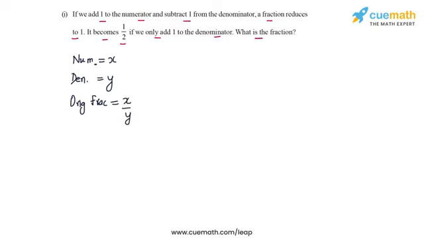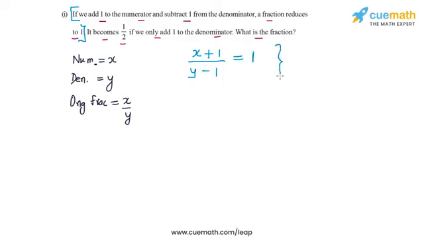Now let's set up a pair of linear equations using the information that's given to us. The first piece of information says if we add 1 to the numerator and subtract 1 from the denominator, the fraction reduces to 1.